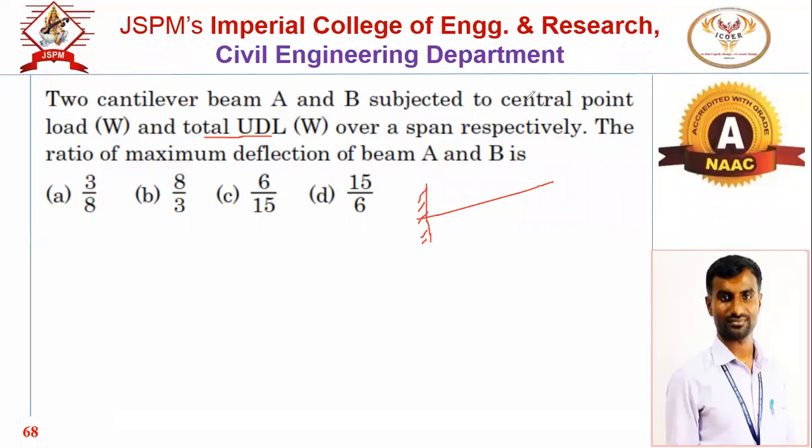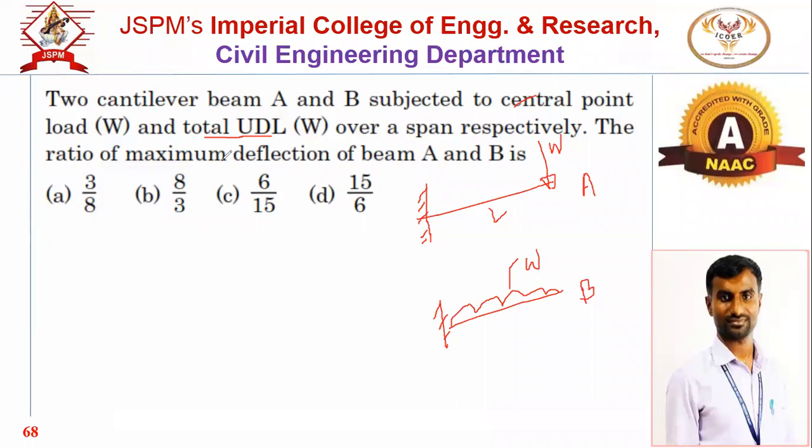So it is the point load at free end. This will be W, this will be L. Then the second case, cantilever beam subjected to UDL on entire span. So this will be W. This is cantilever beam A, this is cantilever beam B.